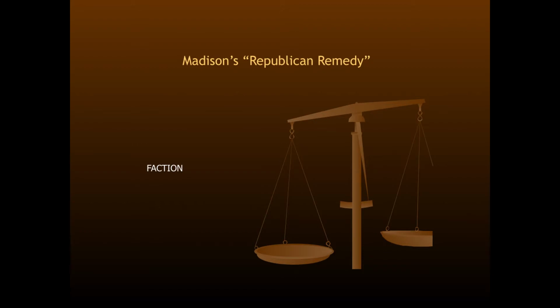At the same time, when we look at Madison's Republican remedy, he knew that there would be majority and minority, but there would be an ascendant faction, and there could be a very vigorous but another type of faction lacking in numbers.